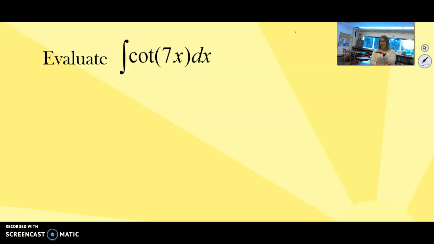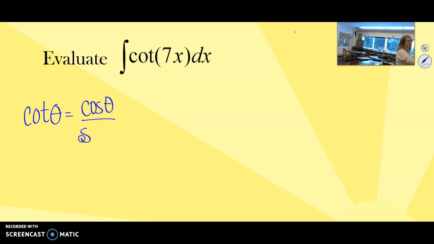It's not squared, so we're not going to use one of the Pythagorean identities, but it has a reciprocal identity of 1 over tangent of 7x, but that's not going to do me any good. It is also equal to cosine of theta over sine of theta. Those are our quotient identities.